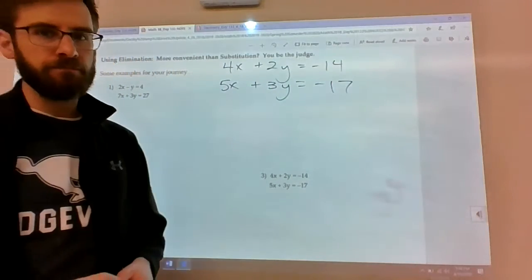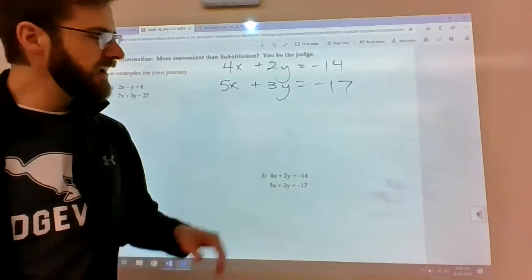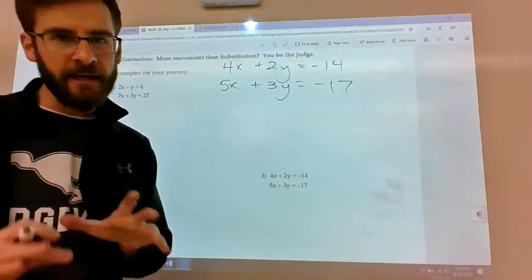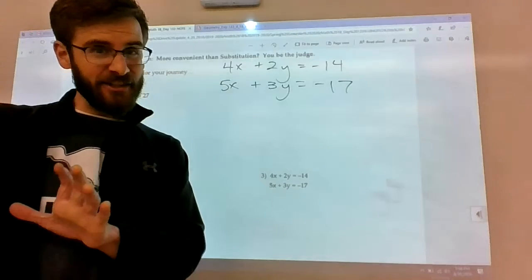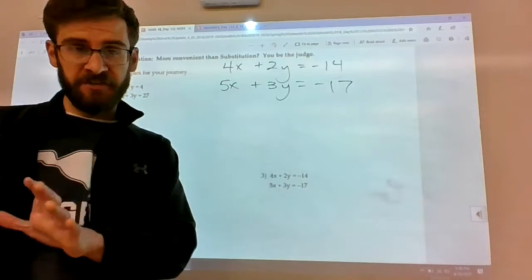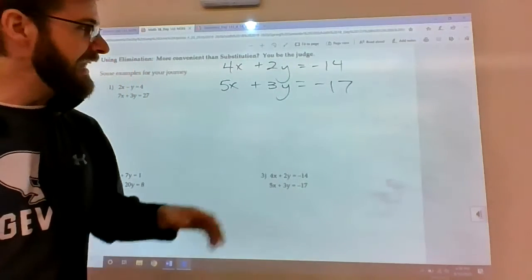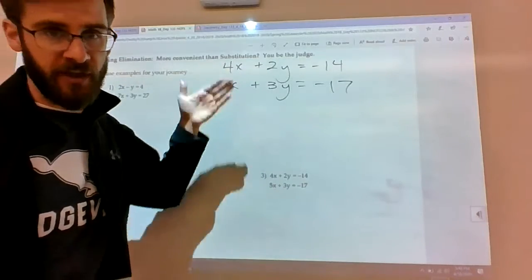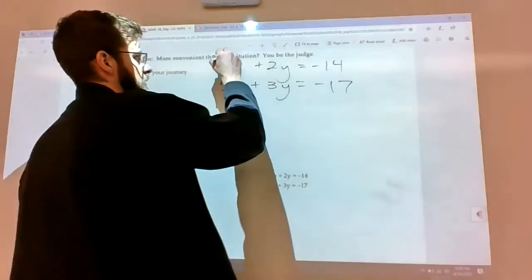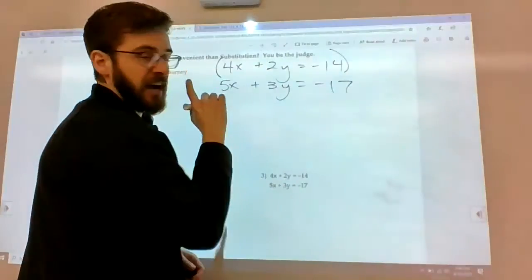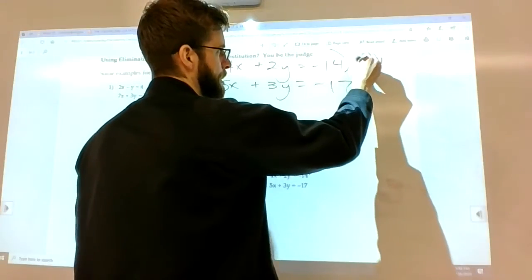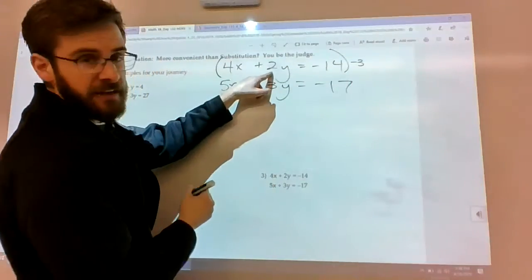All right, so we've got some messy numbers to work with. I'm looking at 2 and 3 and thinking 6. 6 divides 2. 6 divides 3. It's a pretty small number to work with. Let's make one of them negative, though, so that we can straight up add. So I'm going to multiply the top by negative 3. That'll create the negative 6y here.